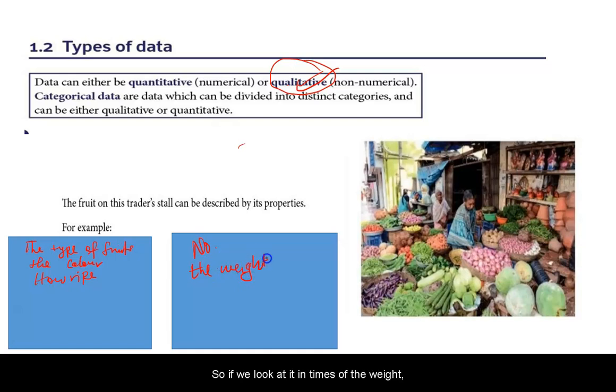If we look at it in terms of the weight, or the cost of the fruit, then all this becomes quantitative. They will take numerical values.